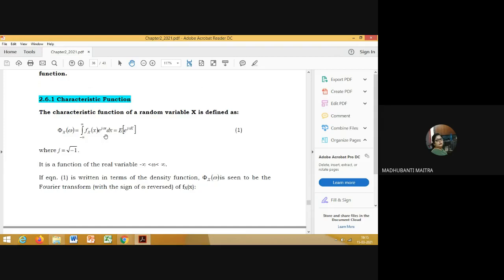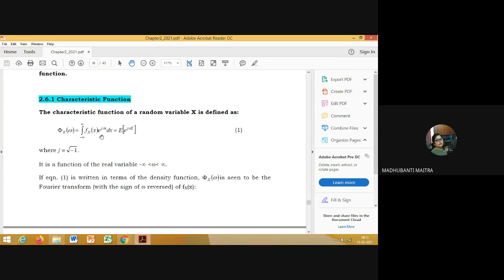So this integration is nothing but the expected value of e to the power j omega x. Can you recall this? Yes, ma'am. You can recall. Okay, fine. This is known to us.